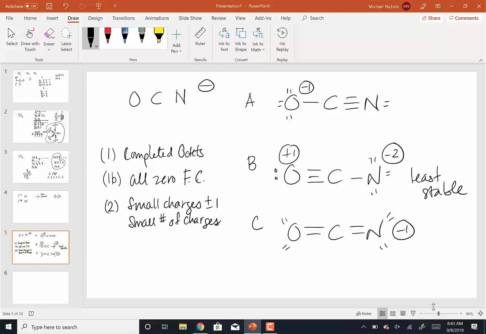Okay. But as far as A and C go, they're still tied. So now we go to rule number 3. And rule number 3 says that we should align the charges according to the electronegativities. So the charges should align with the electronegativities of the atoms. What does that mean?